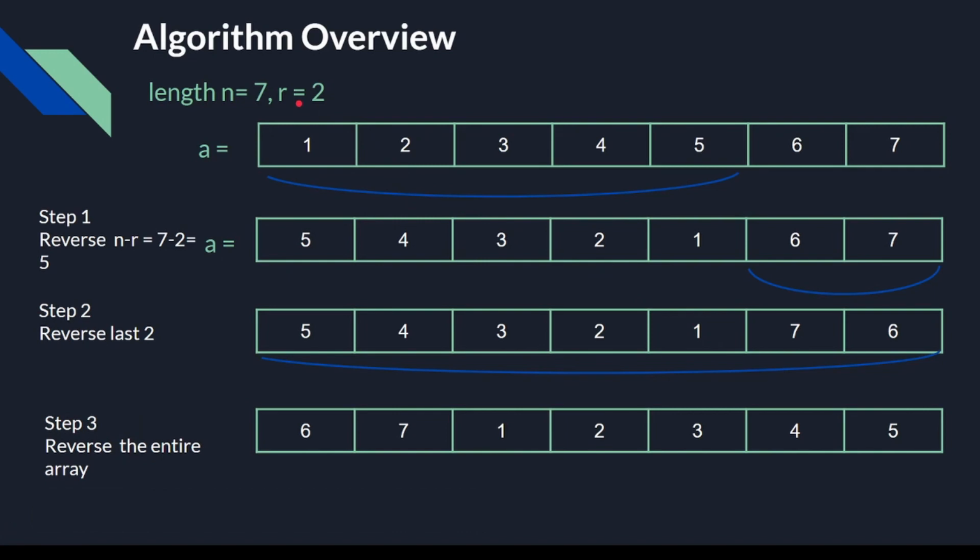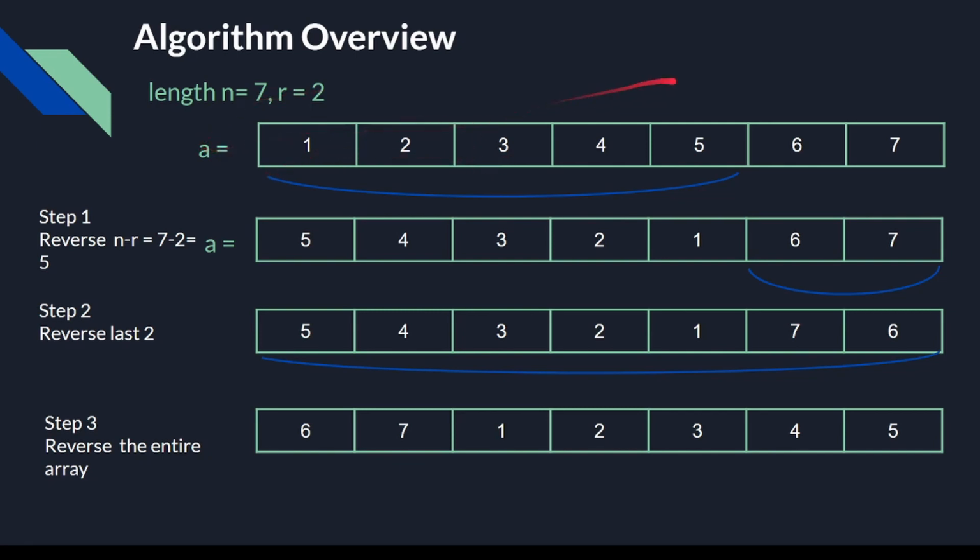The algorithm overview. So, the first step is to reverse the part from n take away r, where n is the length of the array, which is 7, and r is 2, which would be 5.